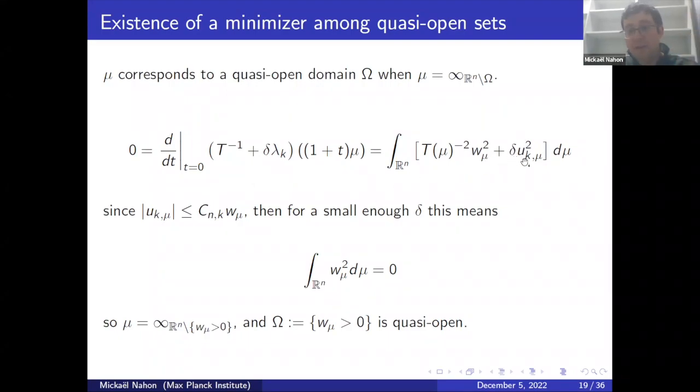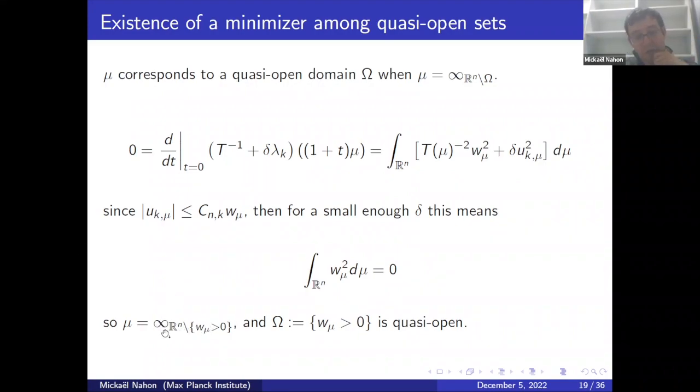And so when delta is small enough, you see that this term gets absorbed in the first one. So you get this equality, that the torsion function is 0 everywhere where mu is non-zero, is not infinity, basically.